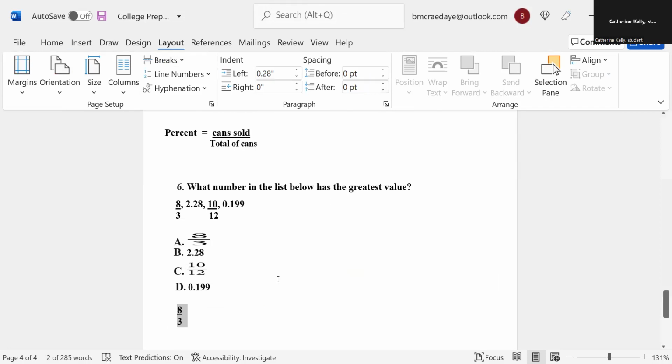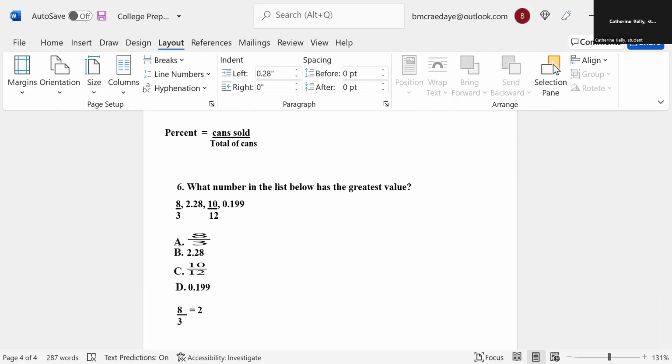3 goes into 8 two times. Yeah, and then what do you have left? You have 2 left over. So you've got to put that over the denominator. 8 over 3: 3 goes in 2 times, and the remainder is 2 over 3.